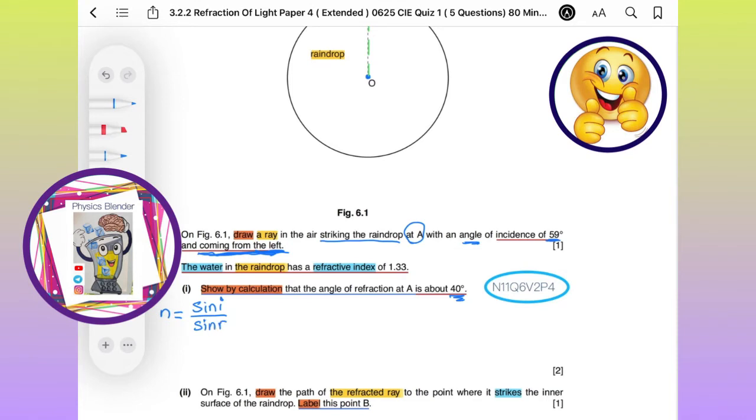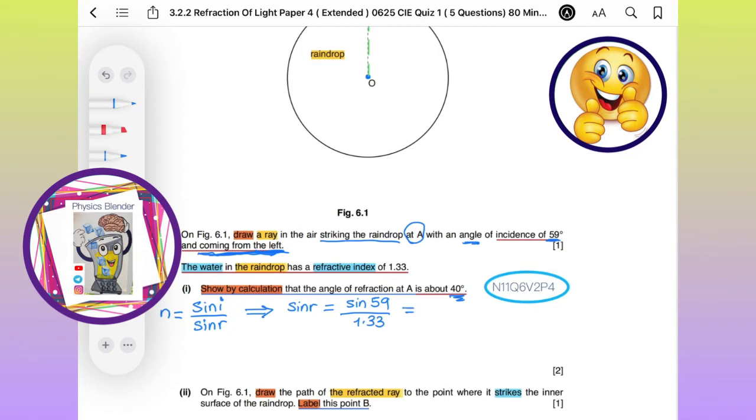So rearrange, you would like to find sine r, it will be equal to sine i, which is sine 59, divided by the refractive index.